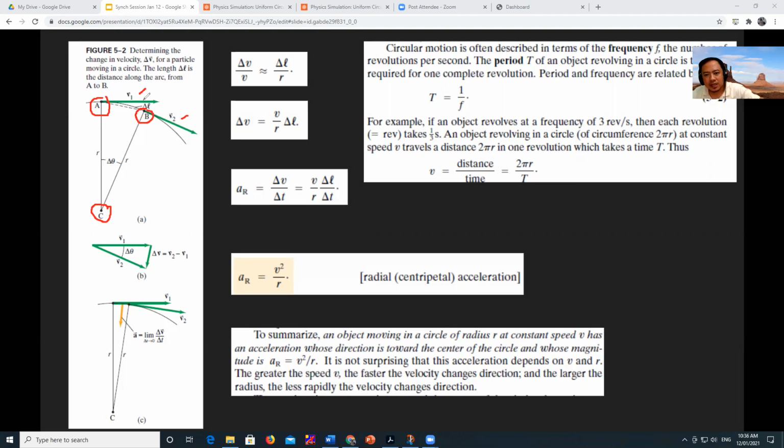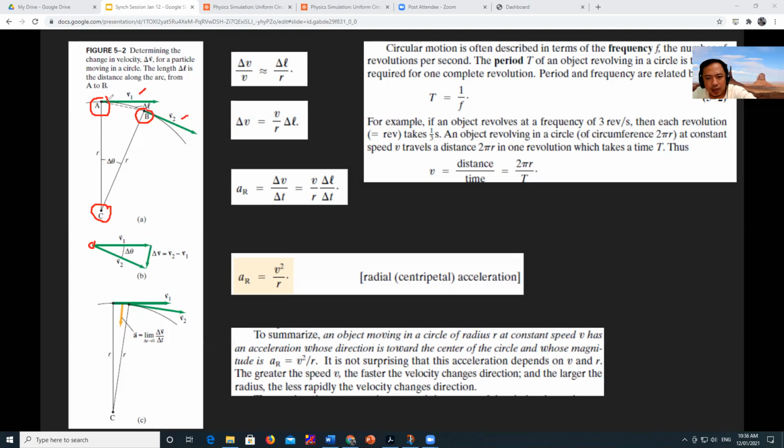If you draw V1 and V2 and connect their tails together, you will come up with a similar angle, delta theta. In geometry, similar triangles have equal ratios of sides. You can get the ratio of the sides.